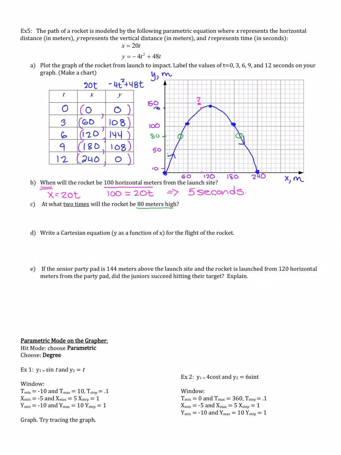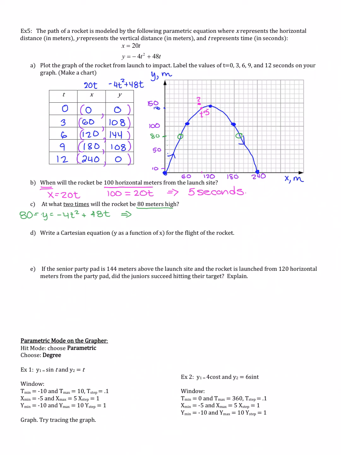We do know that this is at t equals 5, so it makes sense we're going to have something before 5 and something after. So same thing, now we're talking vertical distance, so we're going to use y equals -4t squared plus 48t, and we're going to set y equal to 80 meters high.